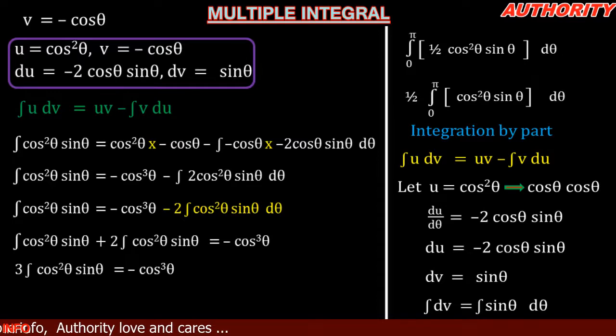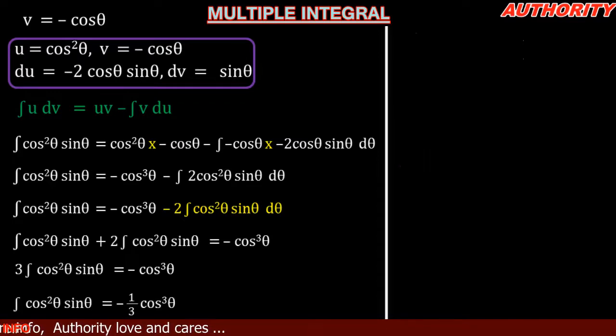When you divide both sides by 3, you have the integral of cos squared theta sine theta is equal to minus cos cube theta all over 3, which is also the same thing as minus 1 all over 3 cos cube theta. So we have integrated.